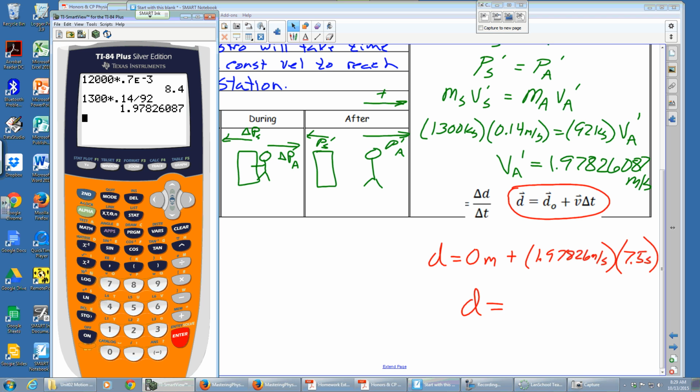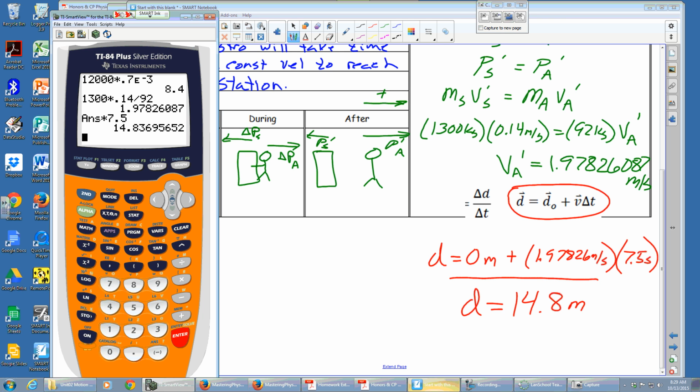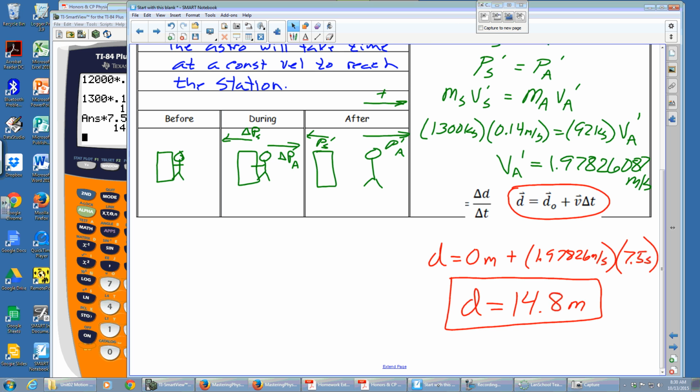Oh, look, that number's already in there. I don't have to type it again. All I have to do is multiply by 7.5. And I get 14. Now, here's where I am giving an answer, so I should give it to like 3 sig figs. 14.8 meters. So that's how far away they were from the satellite.